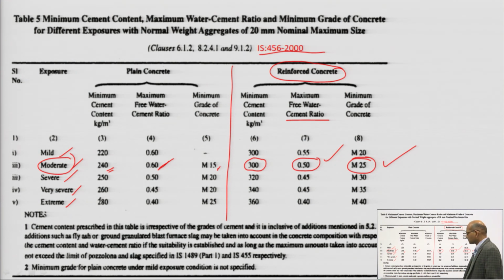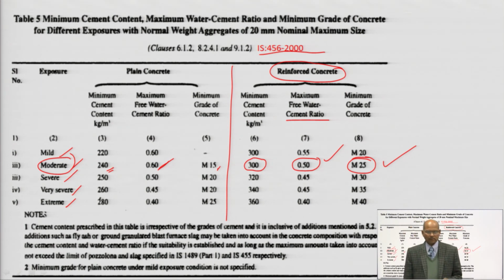Okay. So, you have to use standard pozzolanic materials. What pozzolanic materials can you use? You can use silica fume, fly ash, or burnt rice husk ash. All these things can be used.